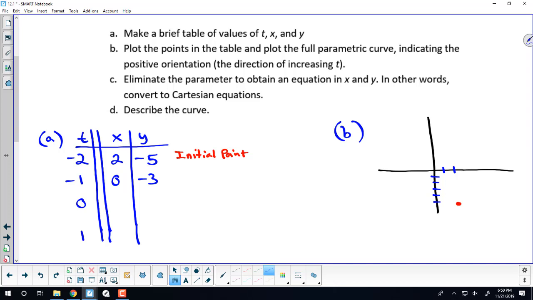So it's really not our second point, it's just the second point that we're plotting. So we have 0, -3. When t is 0, x is 0, and y is -1. 0, -1. And when t is 1, x is 2, y is 1. Yeah, 2, 1.